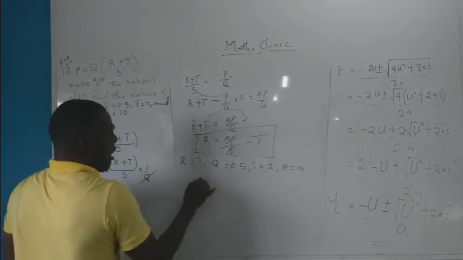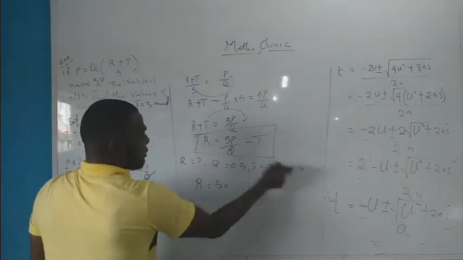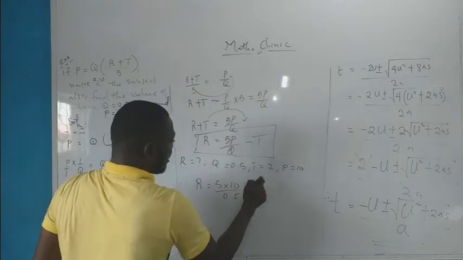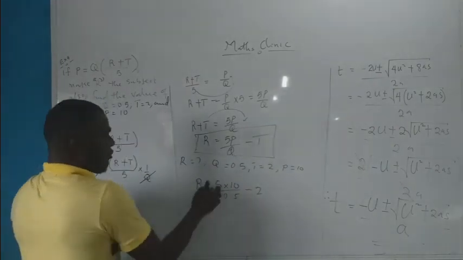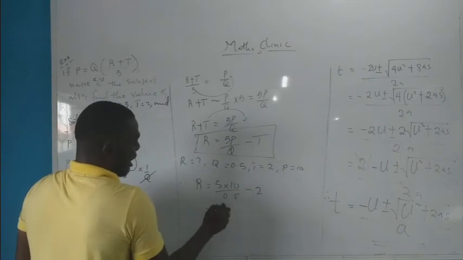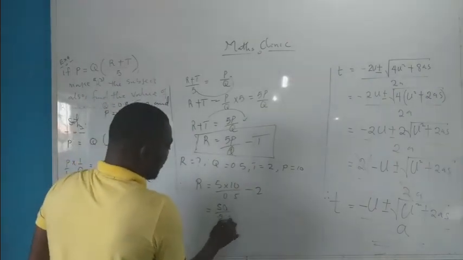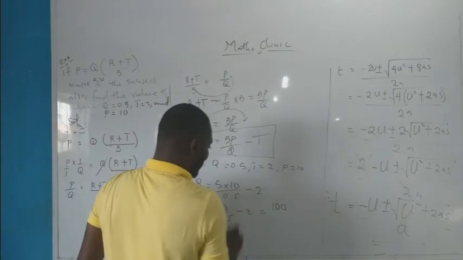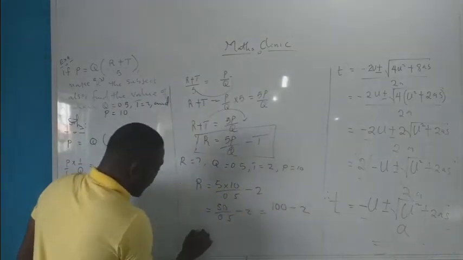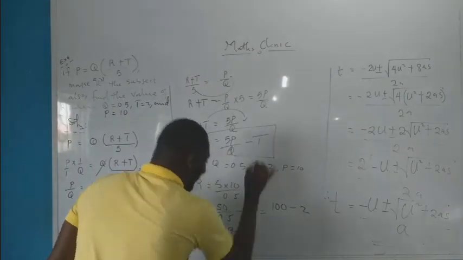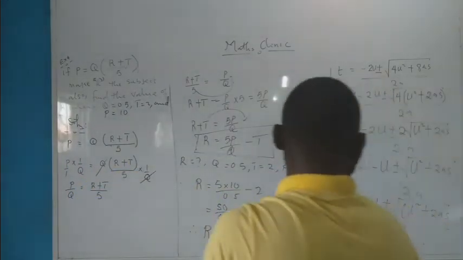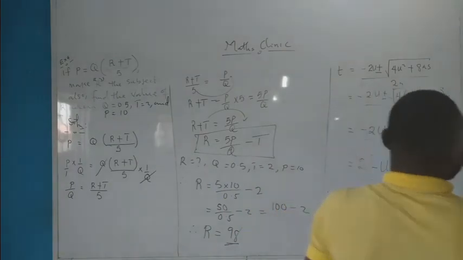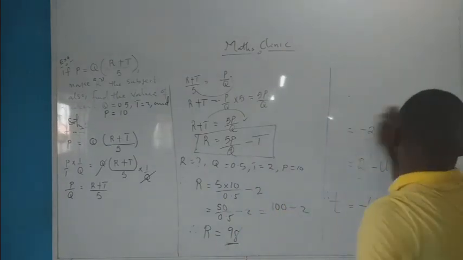So therefore, we can have R equals to 5 times P, that's 5 times 10, over Q, that's 0.5, minus T, T is 2. 5 times 10 is 50. 50 divided by 0.5 minus 2. 50 divided by 0.5 gives you 100, minus 2. So therefore, R equals to 98.